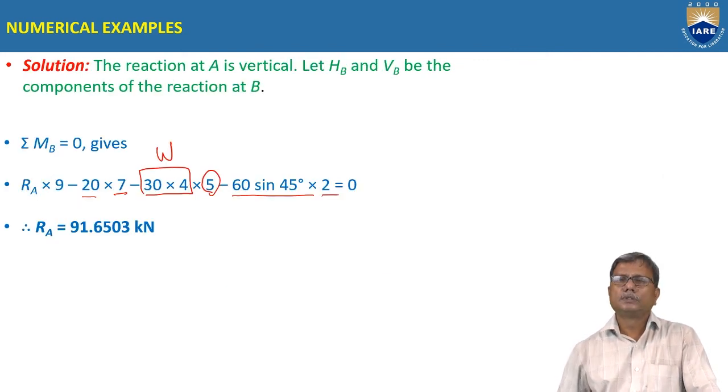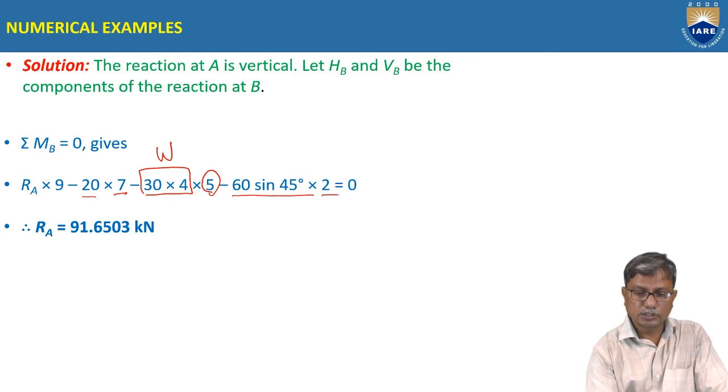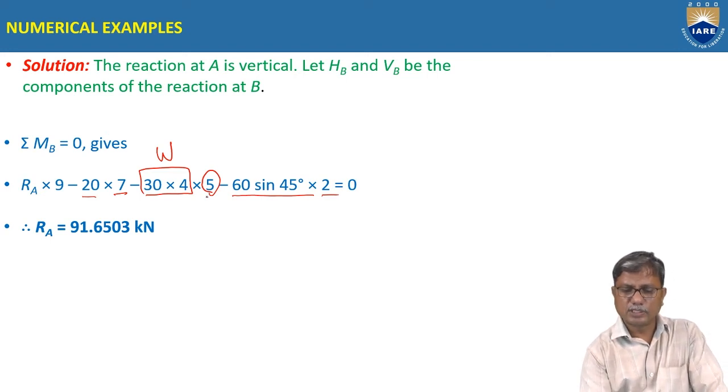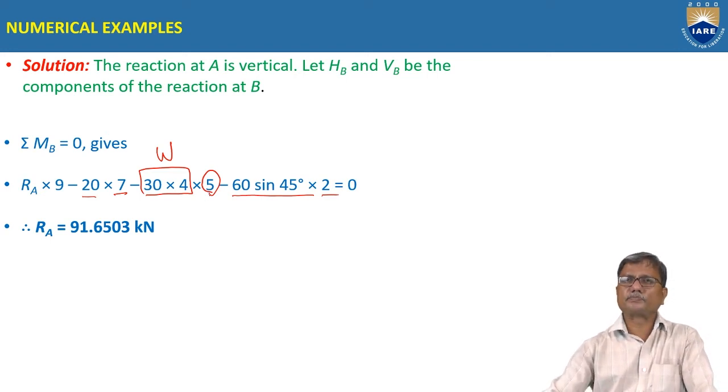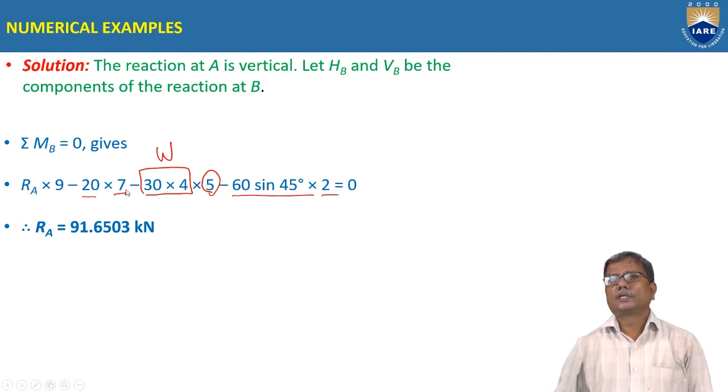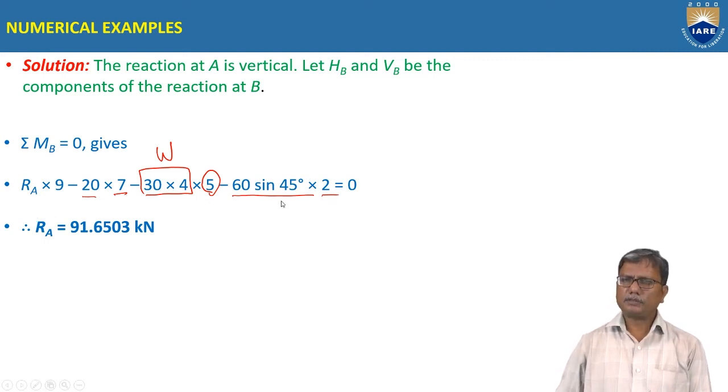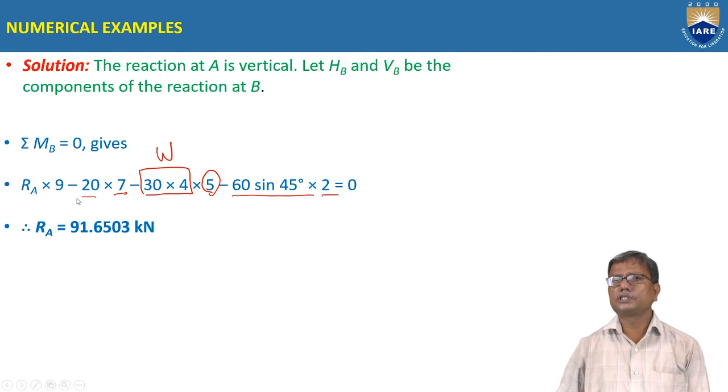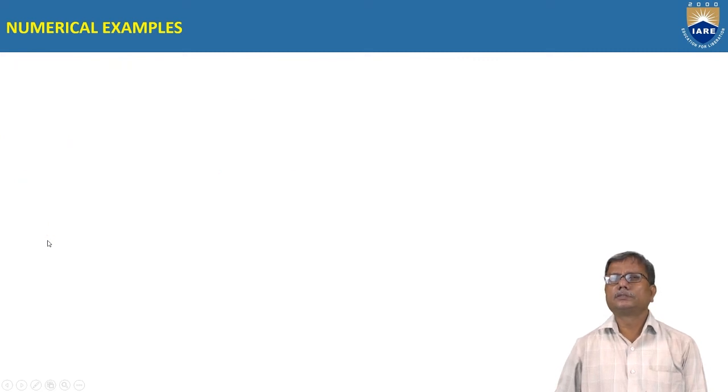So 30 into 4, the total load, into 5, that is the distance. These are all anti-clockwise, and RA into 9 is clockwise. That's why it is taken positive, and these are all negative. So you get the reaction RA.